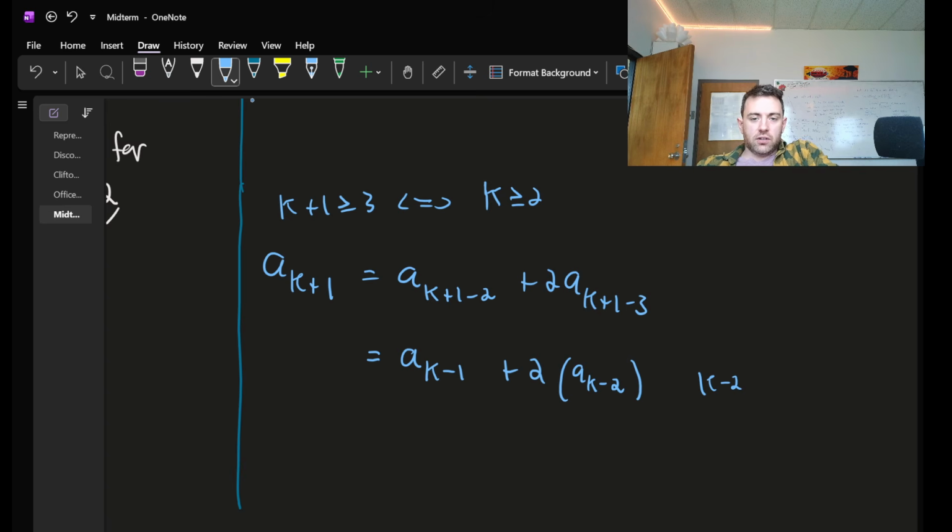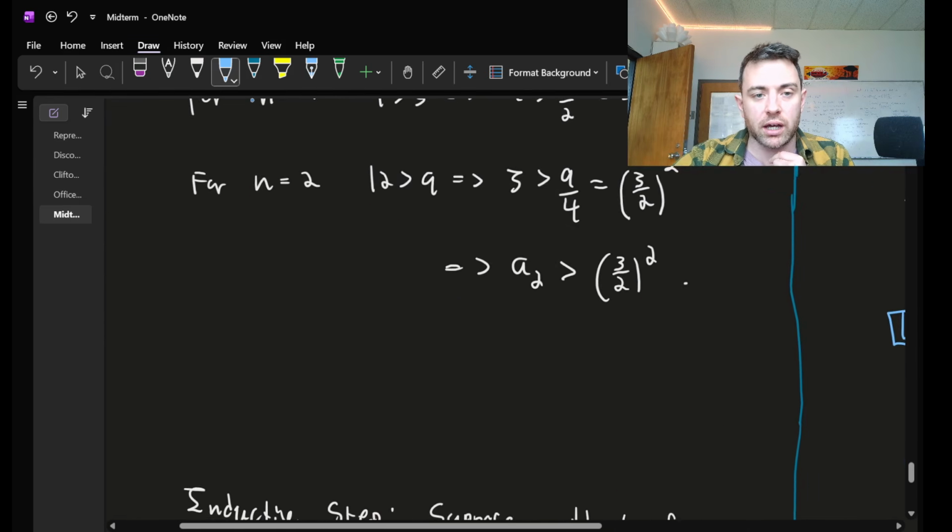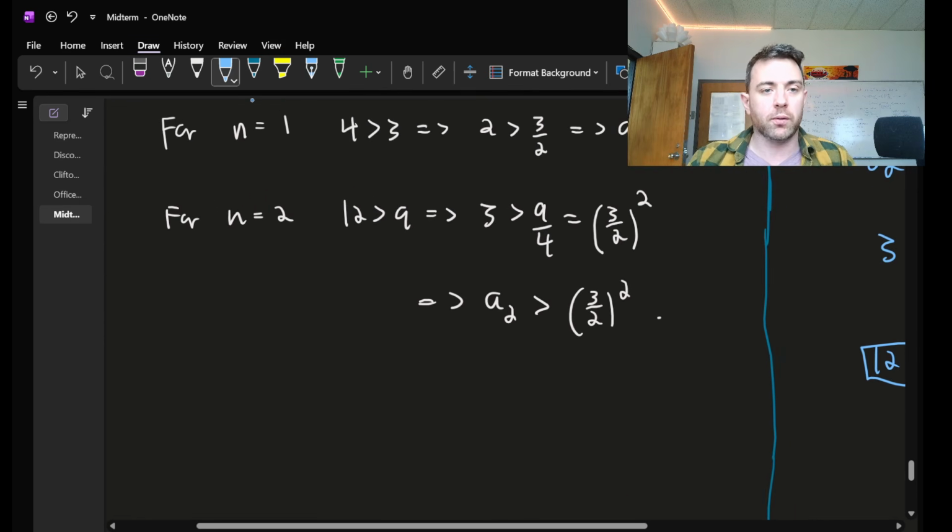Because it can't be true for 0, and we're going to want to use the induction hypothesis on both of these things. So we want to make sure that k minus 2 is at least 1, which means we want k to be bigger than or equal to 3 in order to apply our induction hypothesis, right? So actually we realize, oh no, I'm going to need one more base case. It's a good thing I left myself some room here.